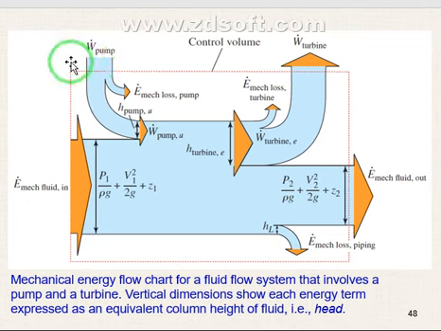So we have a pump here, it will contribute, increasing the energy. When we have a turbine, it will abstract some of the energy. There are some losses for the turbine and for the pump. Then we have HL. So this figure will help you to understand the general energy equation. If we don't have a pump, that's fine, we keep it like that. If we don't have a turbine, that's fine. But for sure we will have HL. So you must understand this concept.